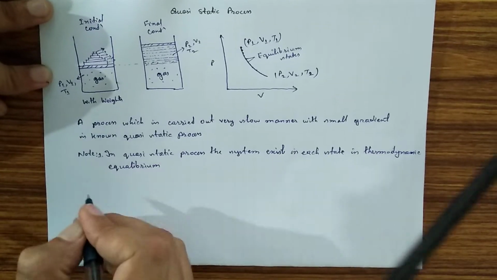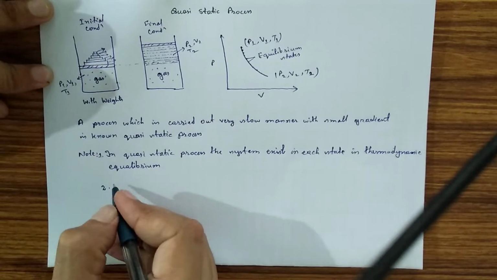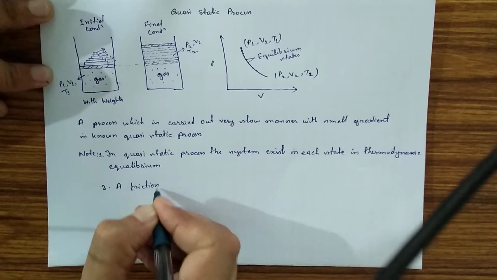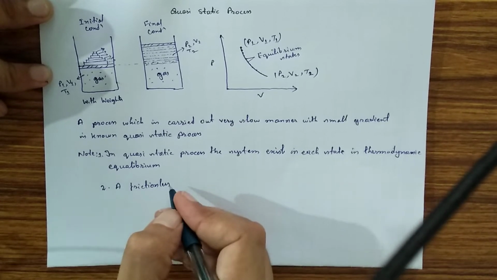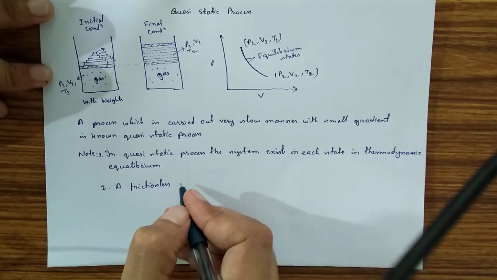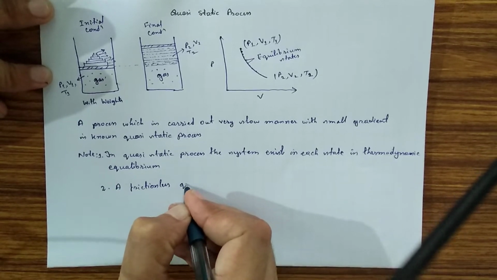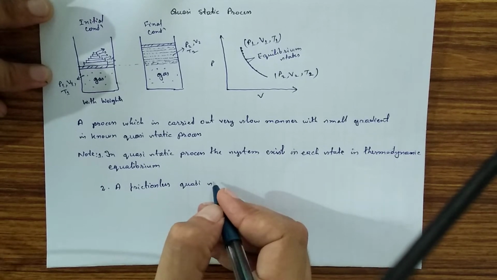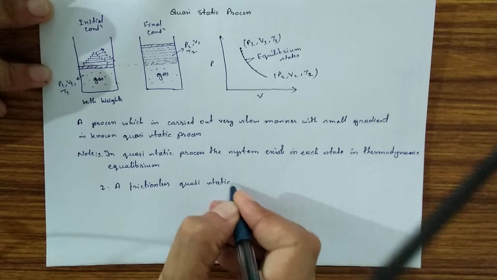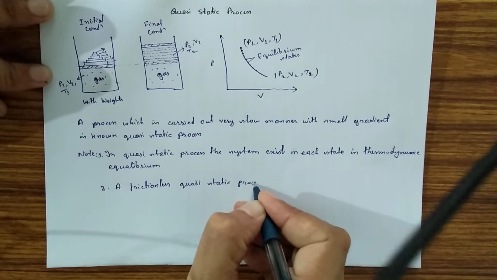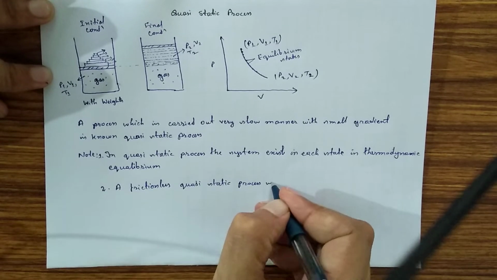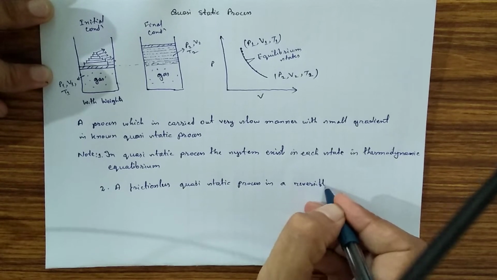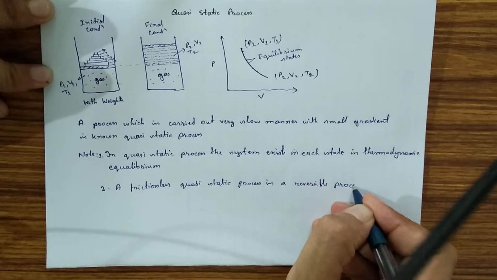This was note 1, and note 2: a frictionless quasi-static process is a reversible process.